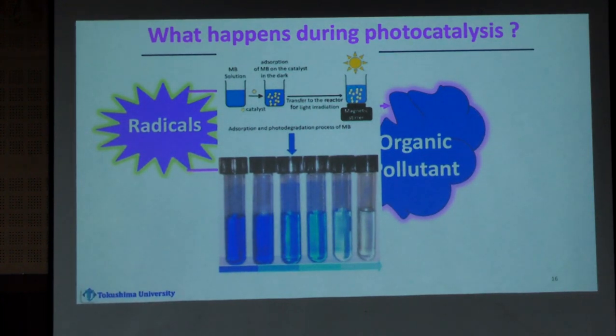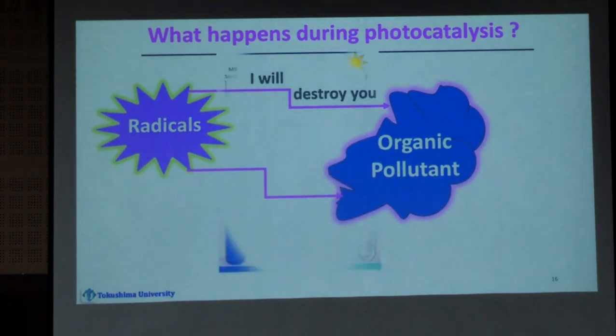The positive reacts with the H2O. Then it creates OH radical. OH radical can react with the organic pollutant, and once they react, H2O and CO2 can be formed. I hope that you can understand this process of photocatalysis now.